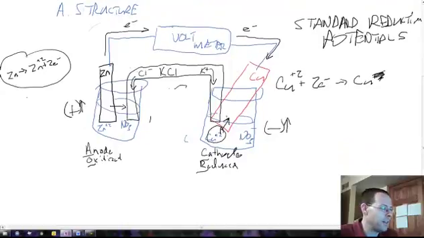The next thing we're going to look at is what's called cell notation, or line notation. We're just going to have letter B, and this is line or cell notation. For line or cell notation, we're going to define a couple things. Two straight lines are going to represent the salt bridge.